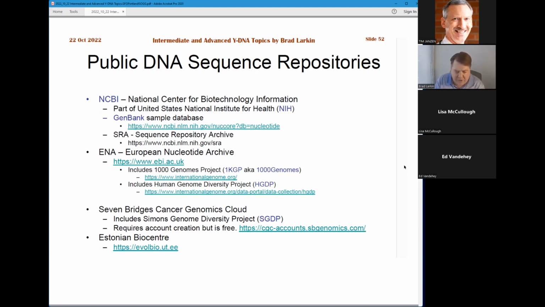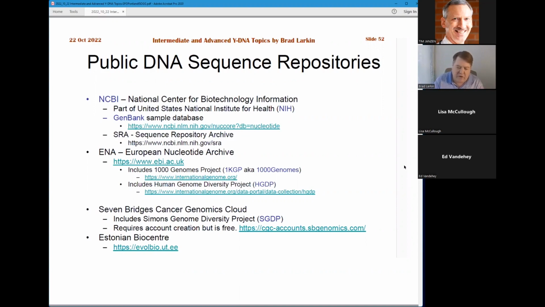Another good one, Seven Bridges Cancer Genomics Cloud, because it includes the Simons Genome Diversity Project. The Simons Genome Diversity Project, I think, was a privately funded project to try to basically get genetic information from samples from all around the world. What's good about that project is that they did it fairly recently, and it's got very high density of reads.